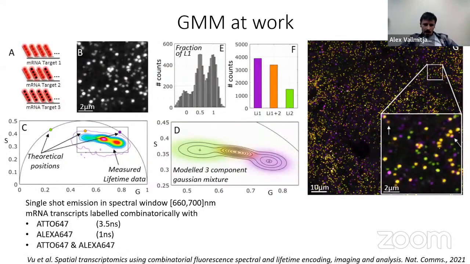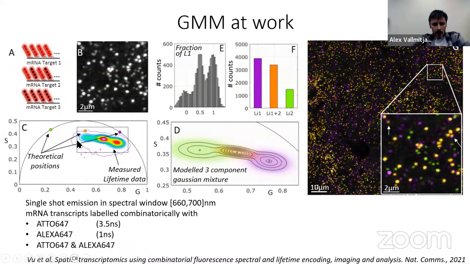And finally, the last example is the continuation of the mRNA transcript work, which is a bit of a more complex situation, in which not only are we using 2 different fluorophores to label 2 different targets, we are actually also using combinatorial labeling. So you have an mRNA target with tails of one fluorophore, another mRNA target with tails of the other, and then a third mRNA target, which is labeled with a combination, so sequentially one or the other fluorophore.